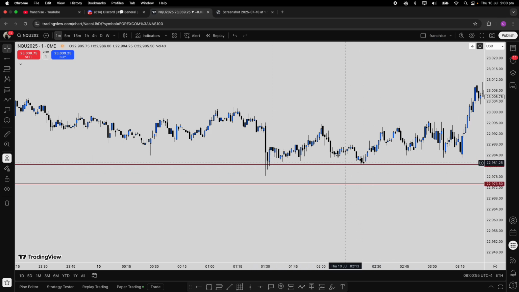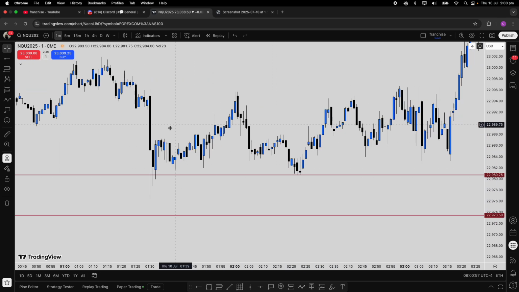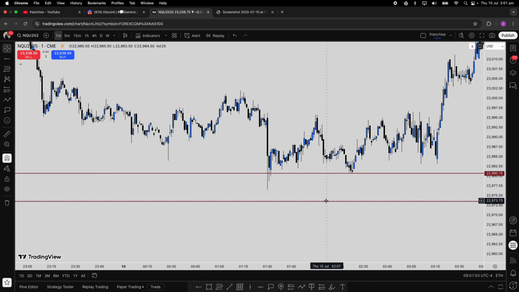We come into this, algorithmically come down, and then as soon as we get back above, we hardly come back down, and then we bottom tick. So that is a perfect level.